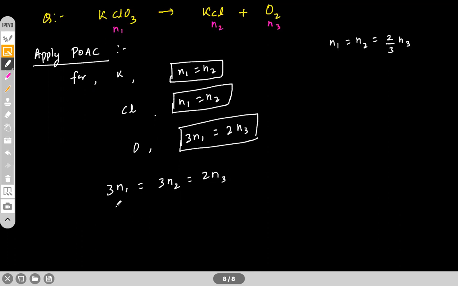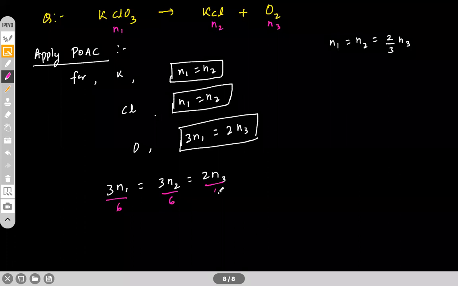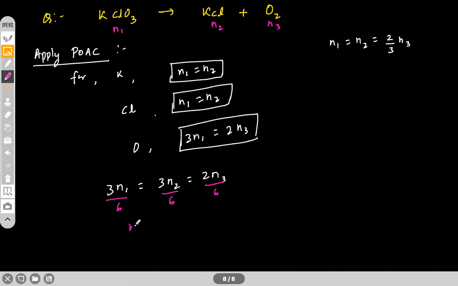Okay. Further, if I divide this by 6, you see what we get. One common number, simplest common number we are taking. So we get N1 by 2 is equals to N2 by 2 is equals to N3 by 3. This means what we can write from this one, you see. N1 stands for KClO3.